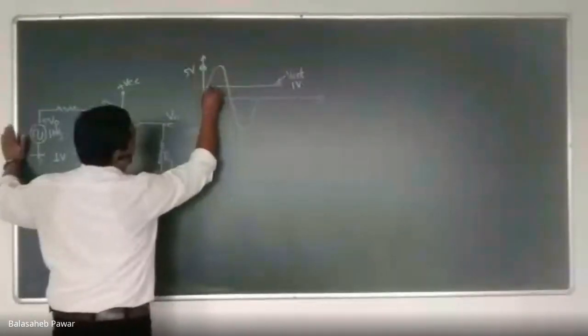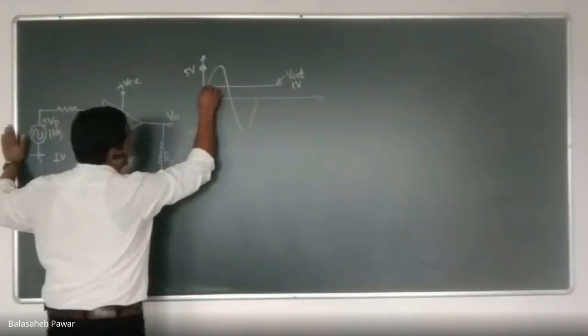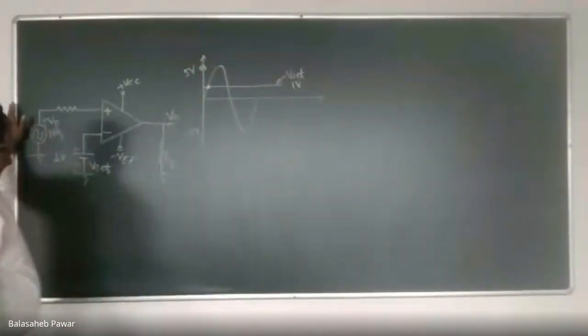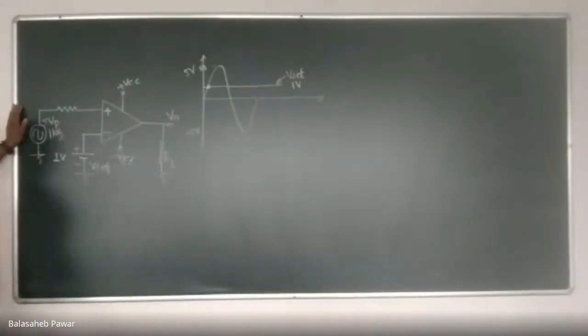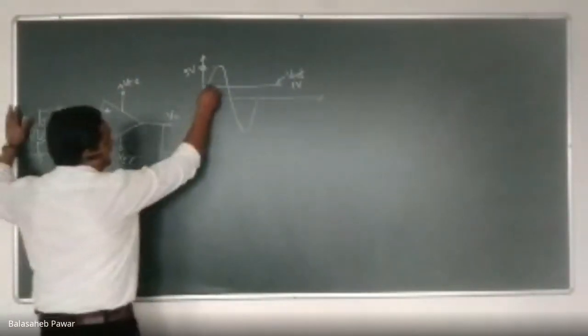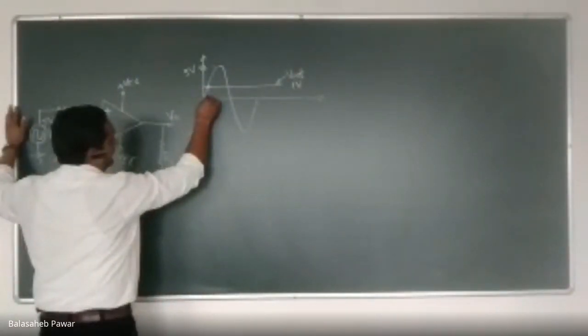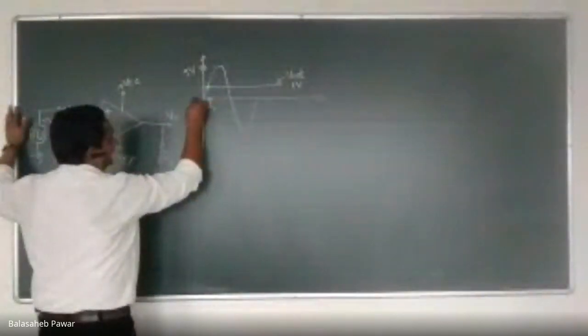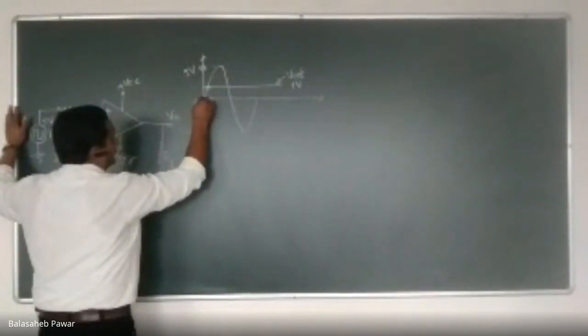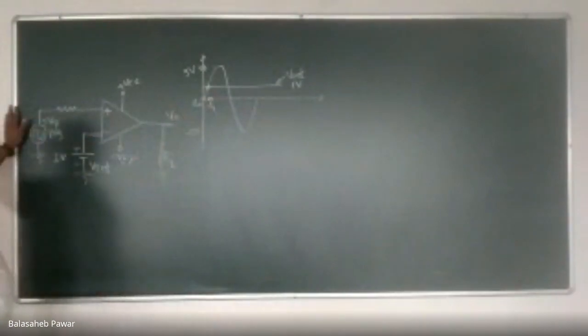Okay. So see, consider the time at which the sine wave reaches an amplitude of 1 volt. Suppose it is at T1. At T0, the amplitude of the sine wave is 0 volts.